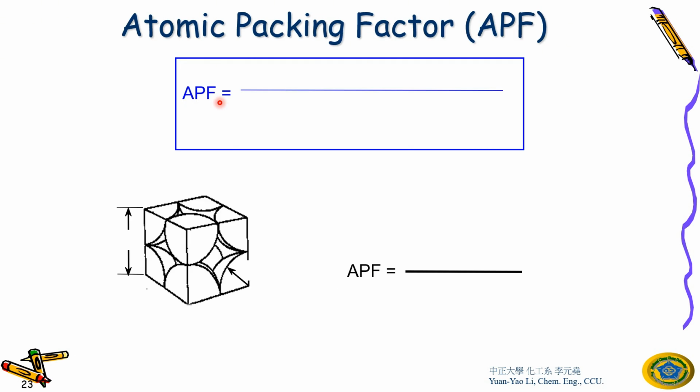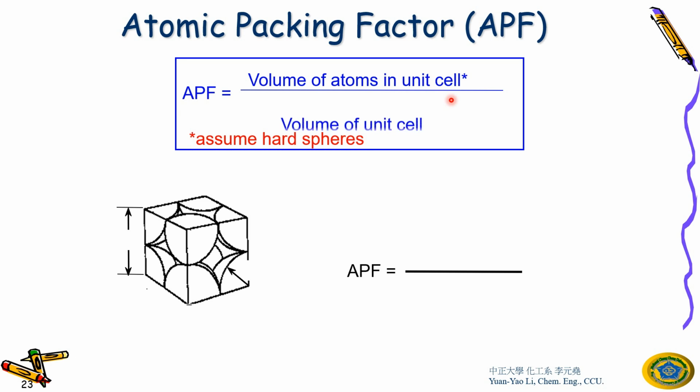Okay, so the second term we call atomic packing factor. What does that mean? Ladies and gentlemen, I want you to remember this very well because this will definitely be in your final exam paper. Atomic packing factor is the volume of the atoms in a unit cell divided by the volume of the unit cell.